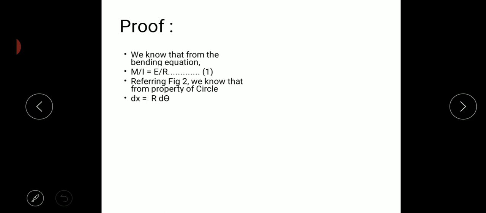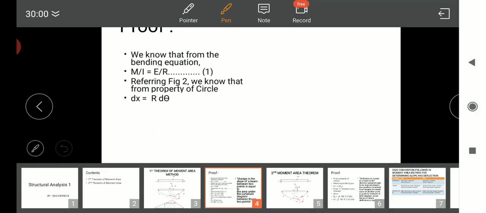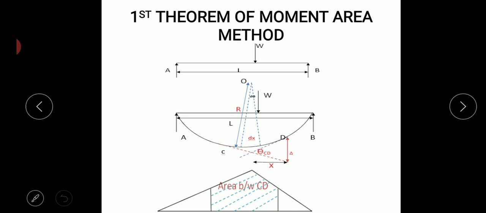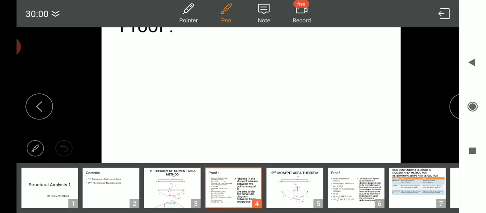So the arc is dx, which is equal to r d theta. This is the property of the circle: dx is equal to r times d theta. From this, we have r is equal to dx by d theta.